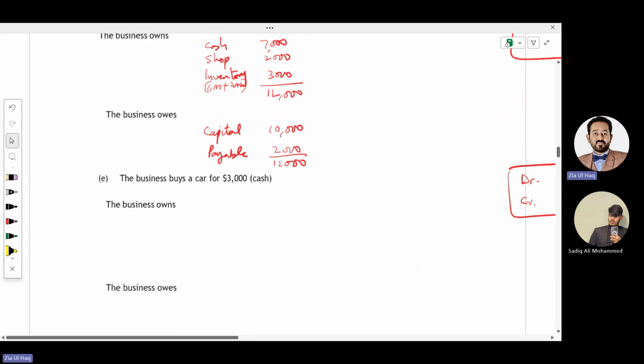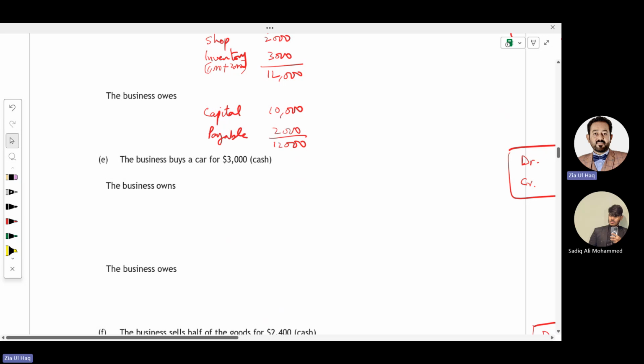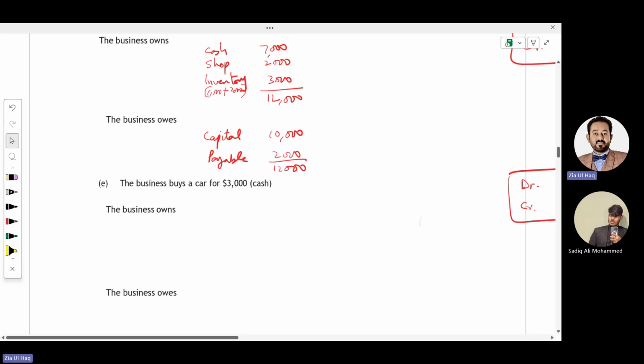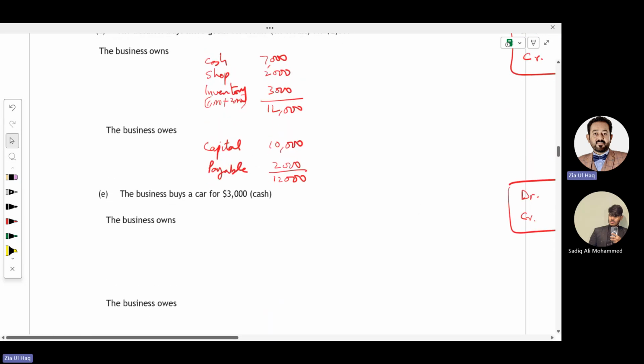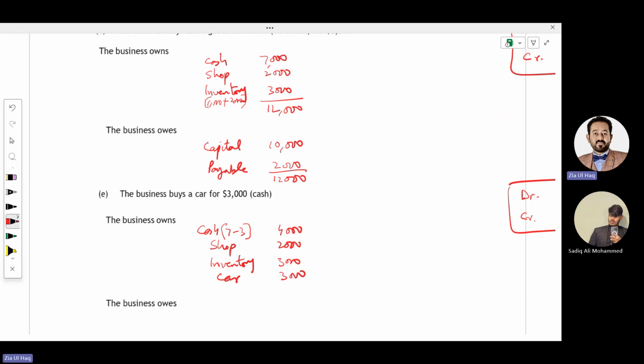Now moving towards E. The business buys a car for 3,000 cash. So the car asset is coming in, cash is going out. How much cash was the business having? 7,000. So now the business will have cash of 7 minus 3, 4,000, a shop of 2,000, inventory of 3,000 and a car of 3,000.